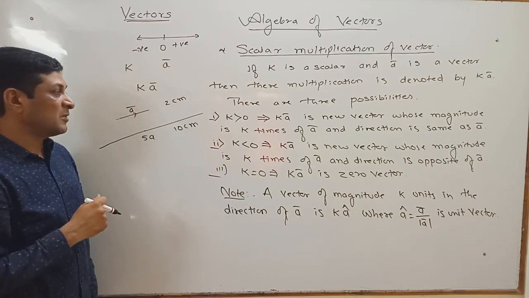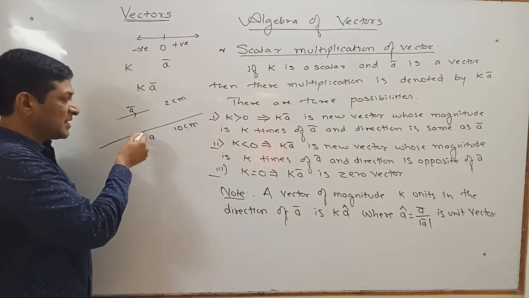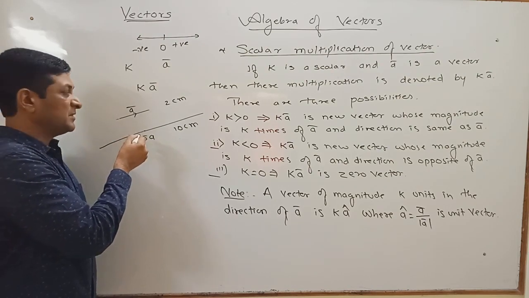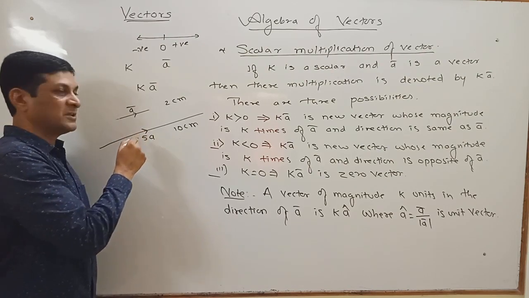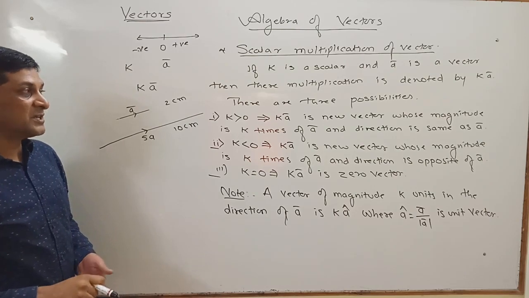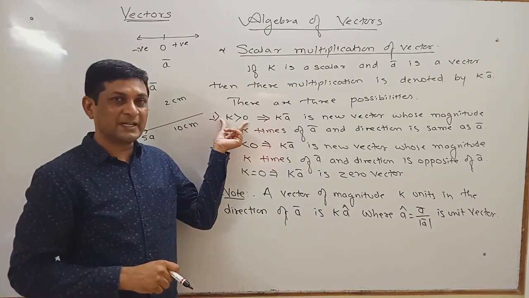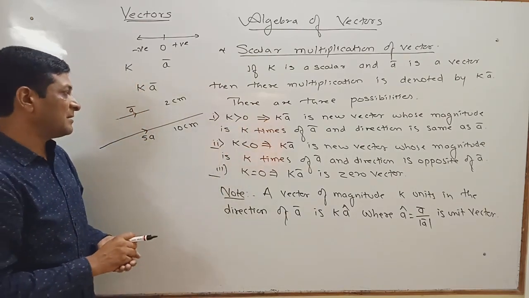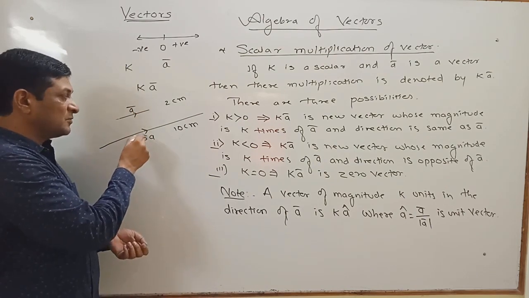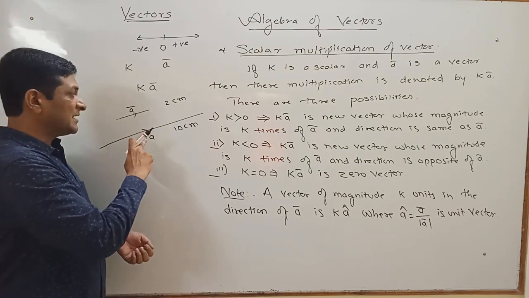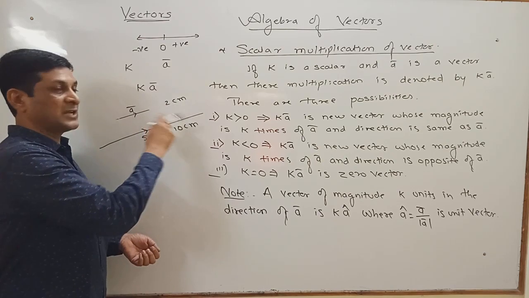And now we will discuss direction. Since we are multiplying by a positive number, the direction of this new vector will be the same as a bar. So the result we have got here: if k is greater than 0, then this new vector is k a bar. As we are multiplying by 5, the magnitude becomes 5 times.